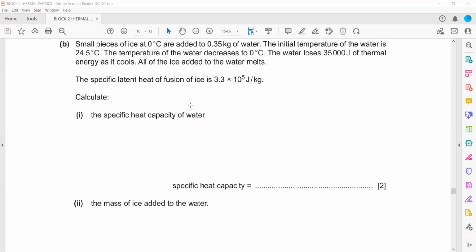To find the specific latent heat of fusion, we need the specific heat capacity of the water. So we have the formula c equals E divided by m delta T. The energy which is lost is 35,000 joules.